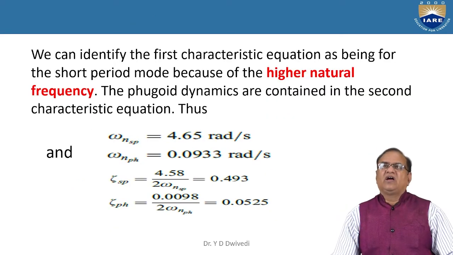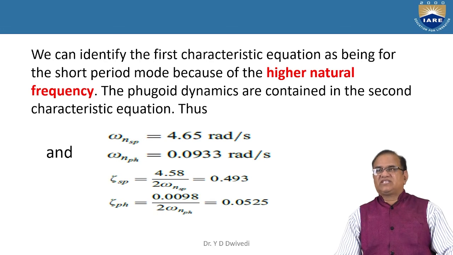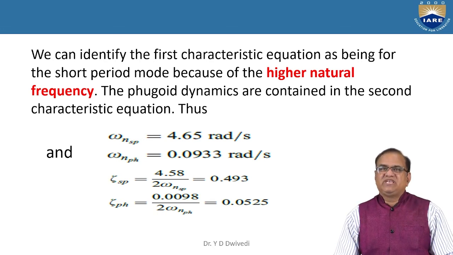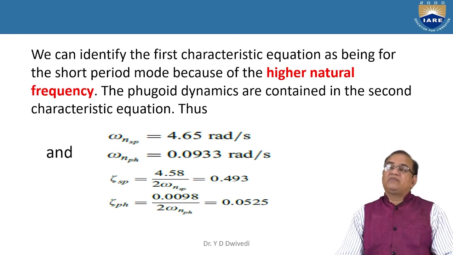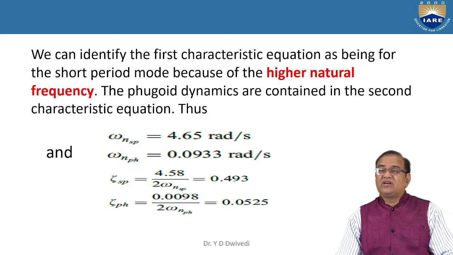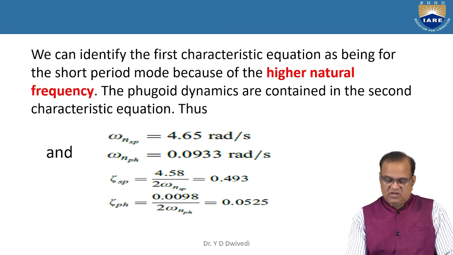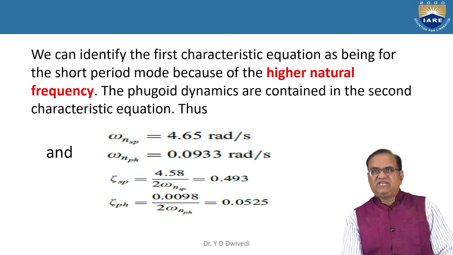Now we can identify the first characteristic equation as the short period mode because of the higher natural frequency. So how can we tell whether it is short period or long period? We compare the two natural frequencies.